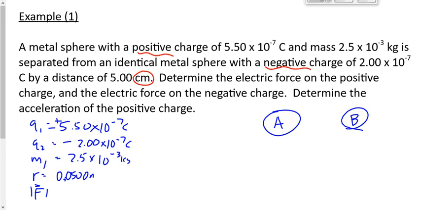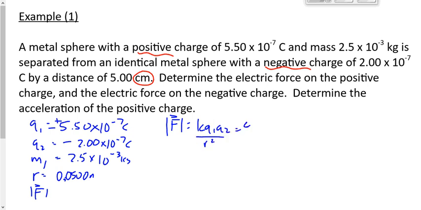The force that A applies on B is equal and opposite to the force that B applies on A every time. So if we solve for the force here using KQ1, Q2 over R squared, we found both of them. Does that make sense? We don't need to find two forces. Okay, the force between A and B is the same regardless of which one you're finding it for. So let's just find F and not worry about trying to find it for one particular charge or the other.